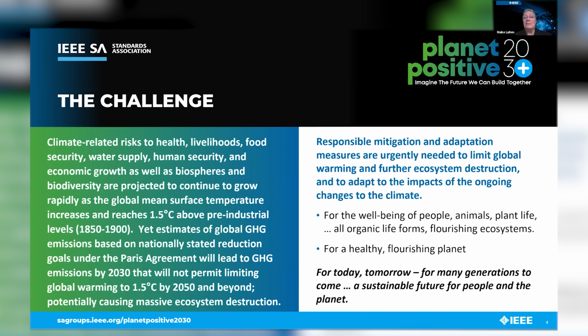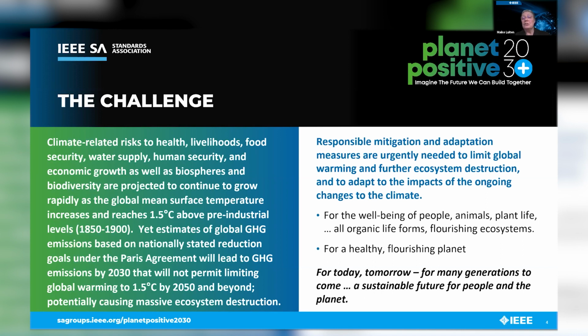So what that means is that we need responsible adaptation measures that are urgently needed to help populations and ecosystems around the Earth cope with the current climate change impacts. And we need responsible mitigation of greenhouse gas emissions to curb further emissions and ultimately, as I said, get to pre-industrial levels of emissions and of temperature.